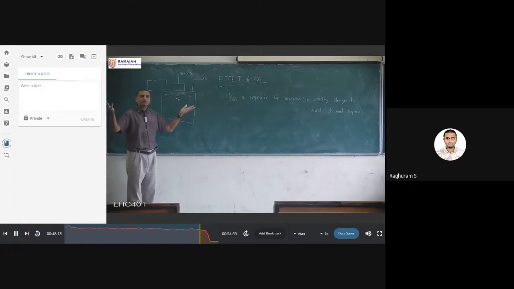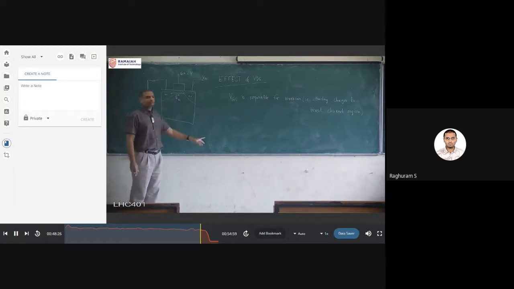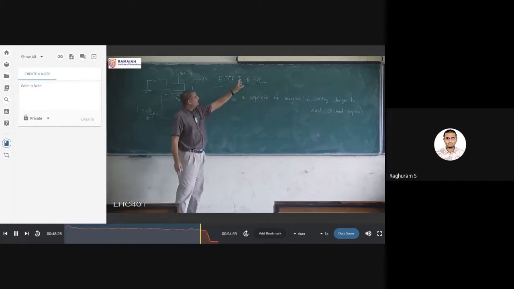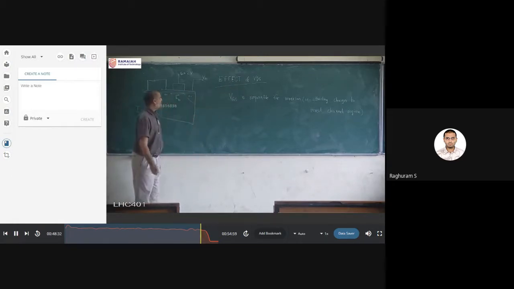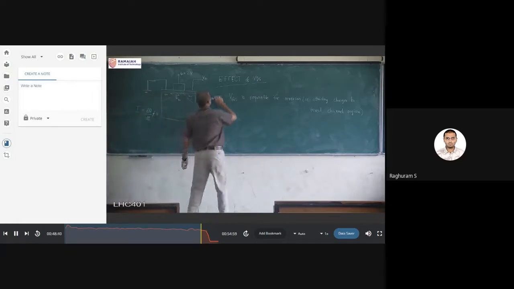There's no reason for the charges to move, which means it's going to be a fixed configuration of charges, dq by dt equal to 0, current equal to 0. The main effect of VDS is that it's going to produce a movement of the charges. So next we will see one sample charge configuration, and then we will stop.